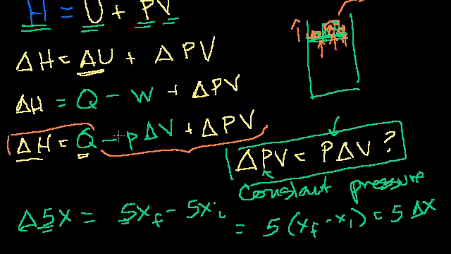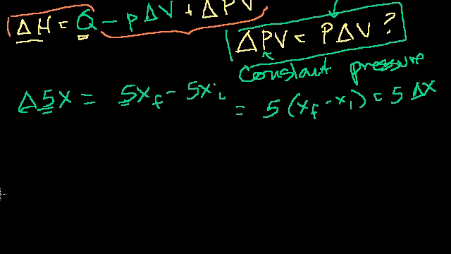So if pressure is constant, this is a key assumption, then if heat is being applied in a constant pressure system, we could write it this way. I'll write it multiple times because this is key.